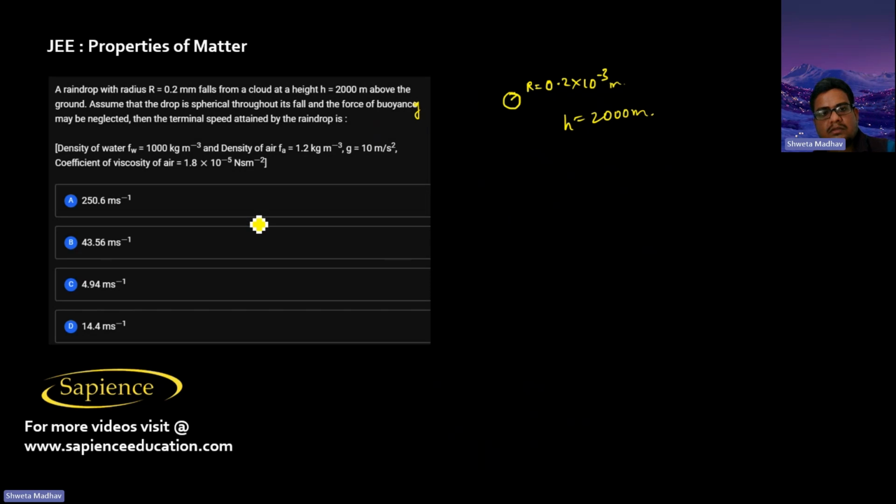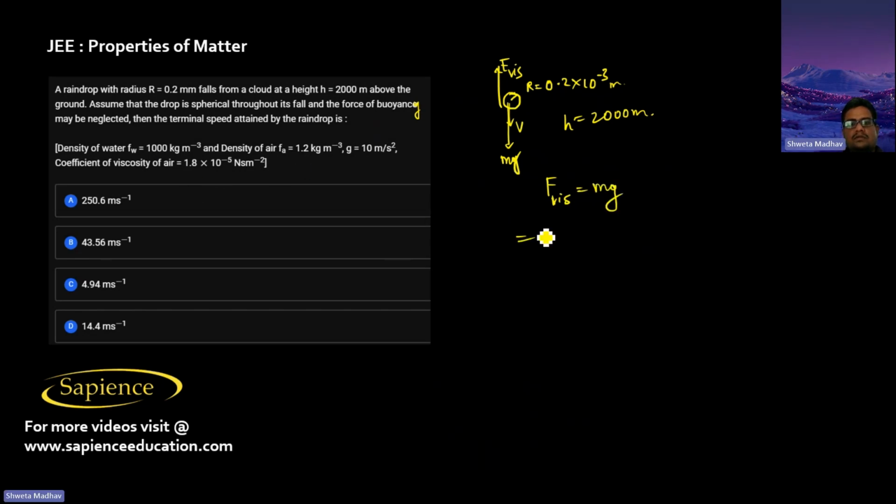Then the terminal speed attained by the drop is. So when the terminal speed is attained, the viscous force will be equal and opposite to the weight, which is mg. Here we have to ignore the buoyancy force. So therefore, viscous force is equal to mg.